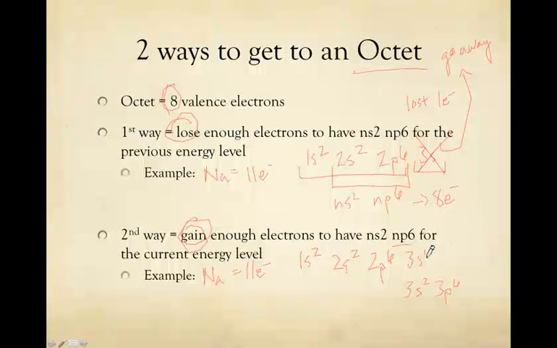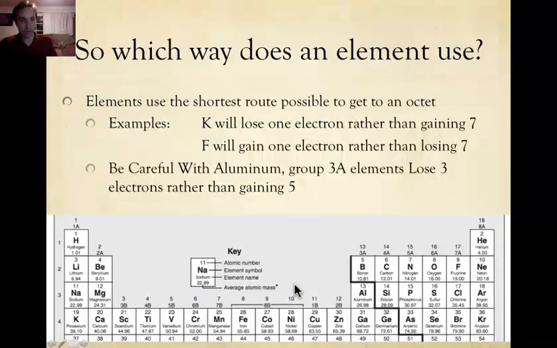Okay, so to get from there to here, we had to add 1 to fill the s and 6 to fill the p sublevel, so we'd have to add 7 electrons. Okay, so here we lost an electron, here we gained 7, both of which got sodium to an octet, 8 valence electrons.